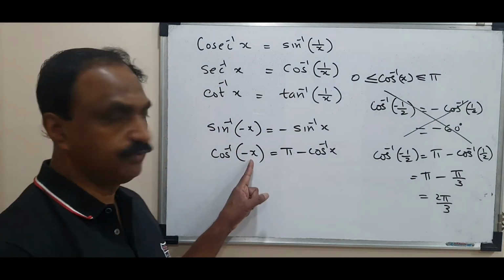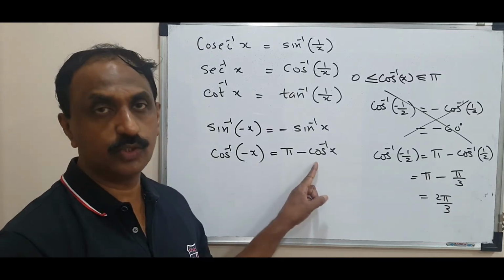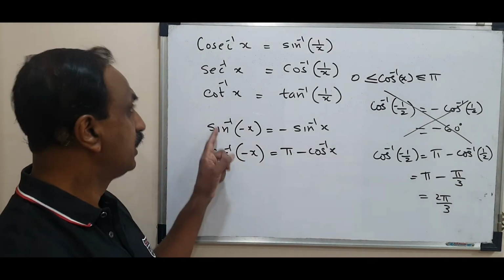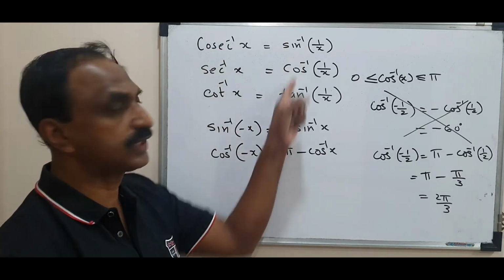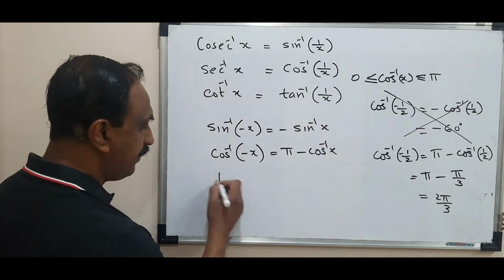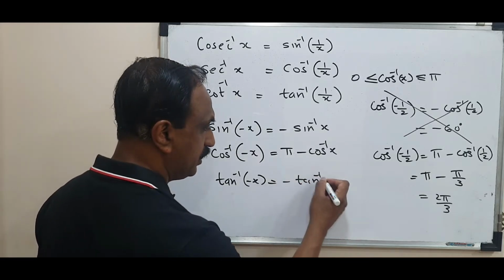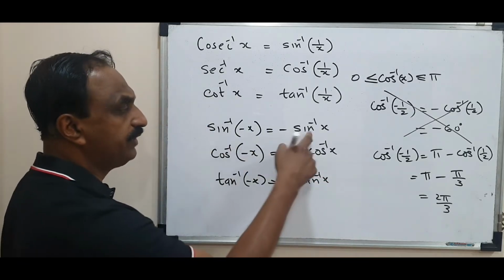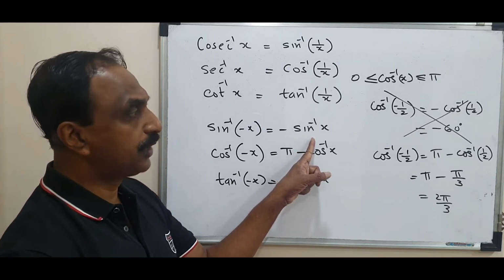So whenever you have cos inverse of minus x, even cot inverse of minus x, you will have pi minus cos inverse x. I'm not going to discuss cosec inverse, sec inverse and cot inverse, because whenever you come across these, convert them into sine inverse, cos inverse and tan inverse and apply this formula. In the same way, tan inverse of minus x is minus tan inverse x, because the range of both lies between minus pi by 2 and plus pi by 2.